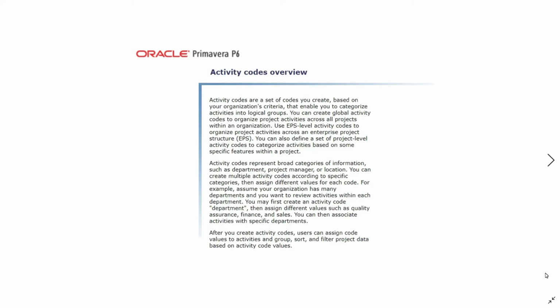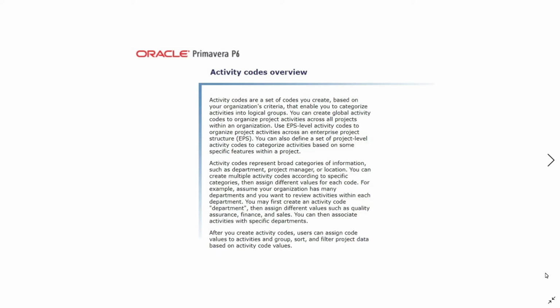You can also define a set of project level activity codes to categorize activity based on some specific feature within a project. Activity codes represent broad categories of information such as department, project manager, or location. You can create multiple activity codes according to specific categories, then assign different values for each code.